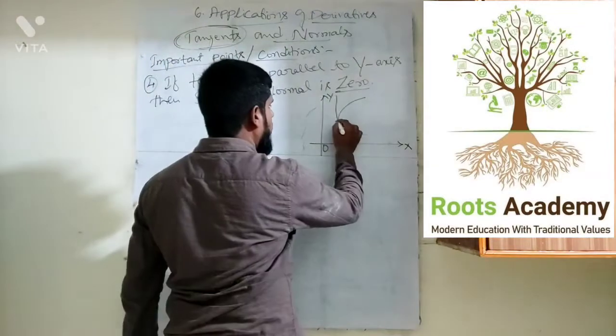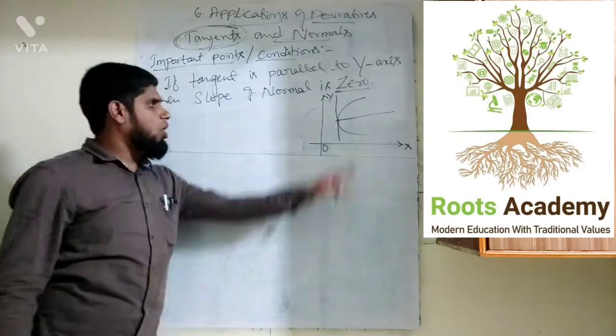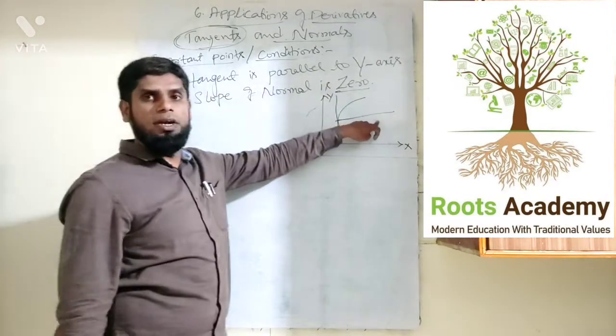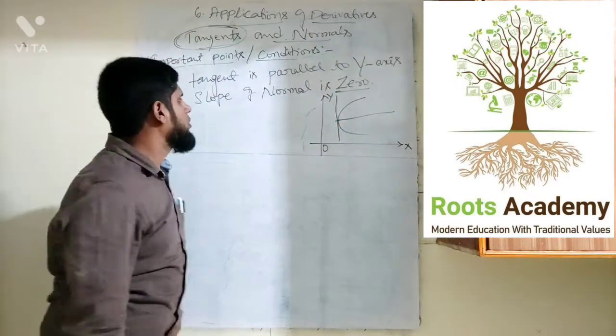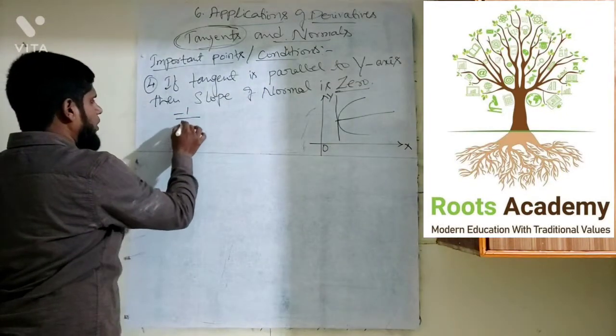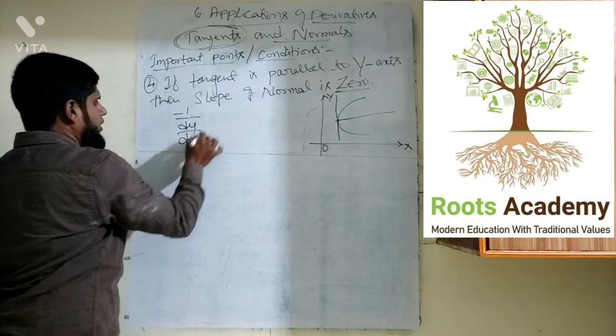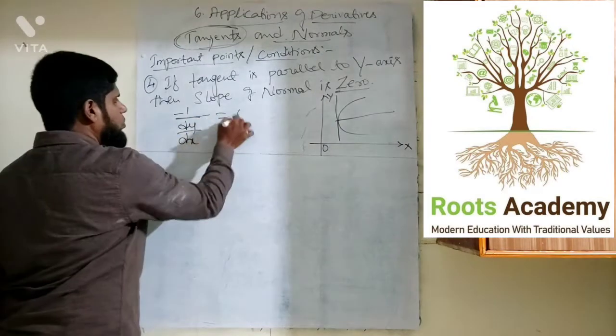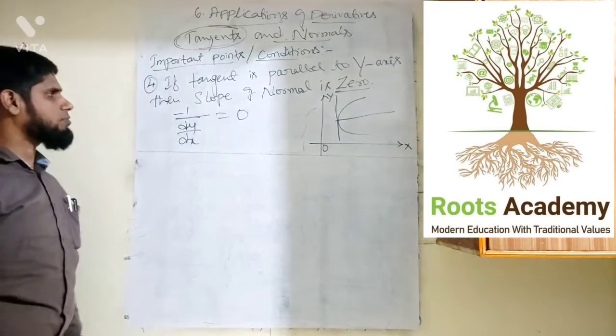Because here if I draw a normal to this, this is the normal line, and here I cannot make any slope. So what is the normal slope? -1 by dy by dx is equal to 0.